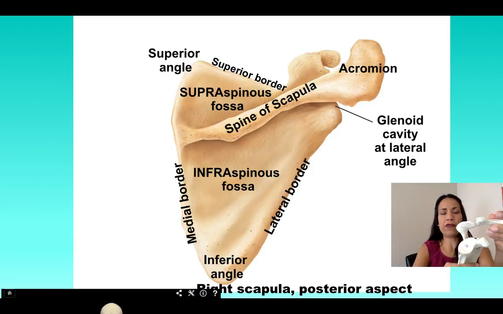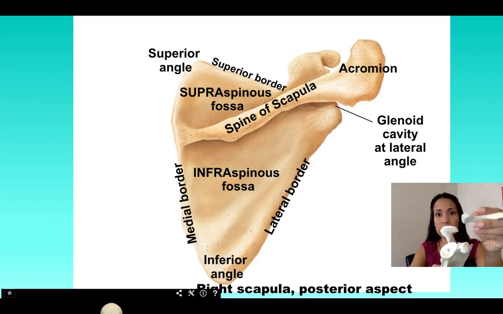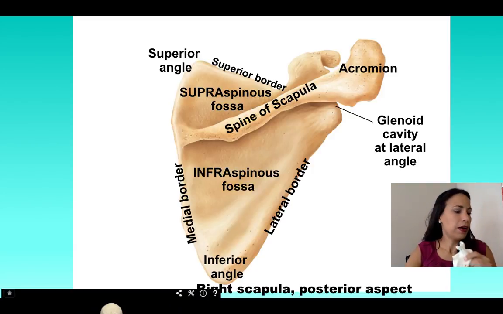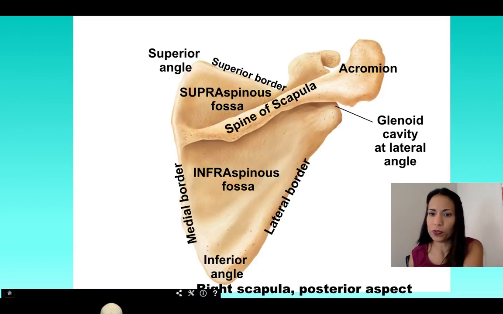Both articulate and form the acromioclavicular joint. This joint allows just slight, like gliding movement, and they stabilize the pectoral girdle.